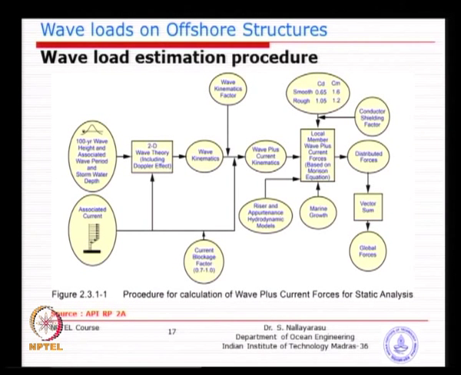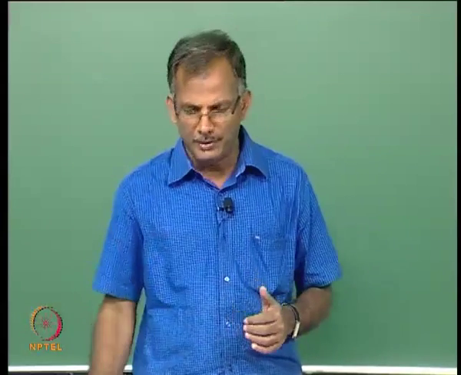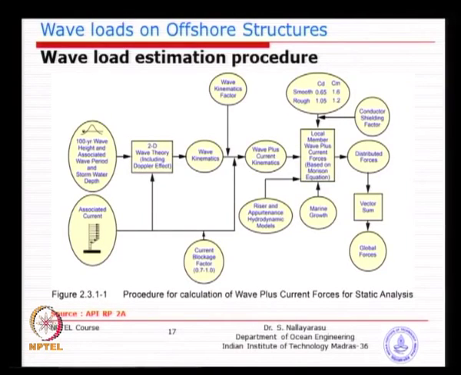You know, we will see the nonlinear interaction as well as the Doppler shift, and then basically apply the corresponding CD and CM for a particular member. Whether it is circular sections or rectangular sections or other shapes, you will have different CD and CMs, and then apply the marine growth on top of them, and then if you have any secondary structures, non-structural elements, apply there, and then the conductor shielding, and finally you come up with the distributed forces, and then the vector sum, which means you distribute into x, y, z directions for a 3-dimensional structure.